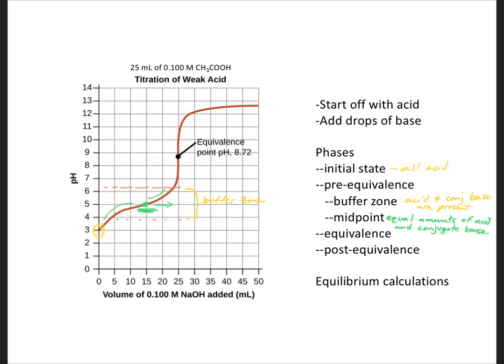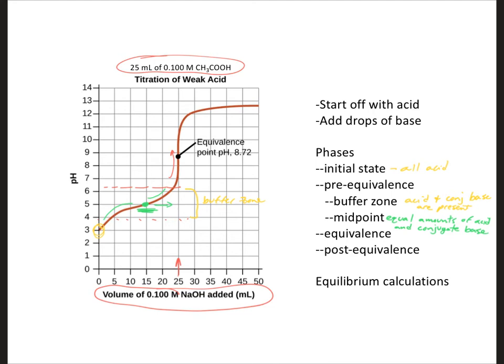Again, the equivalence point is going to be where you've added enough sodium hydroxide to cancel out all of the acid. So if we had 25 mL of 0.10 molar acid, then it takes 25 mL of our same concentration of that base, because they are a 1-to-1 ratio, in order for them to cancel out.